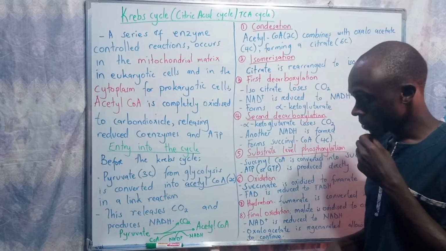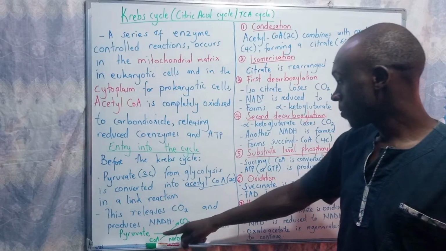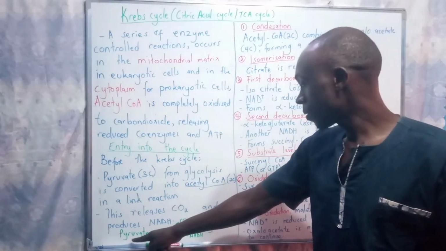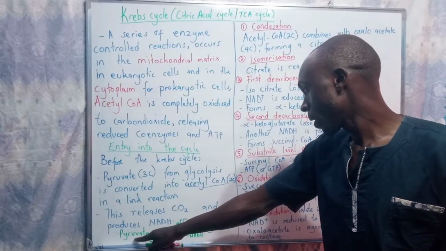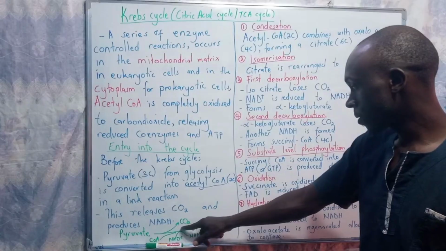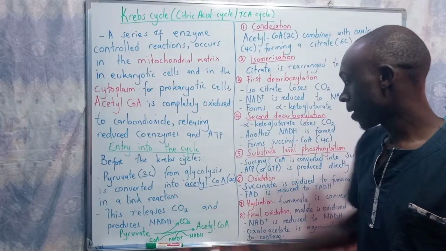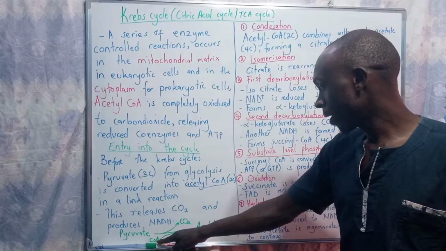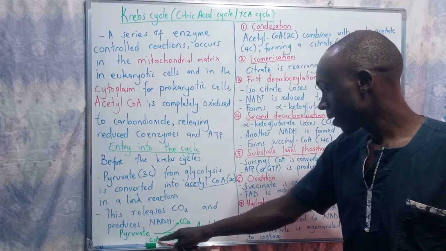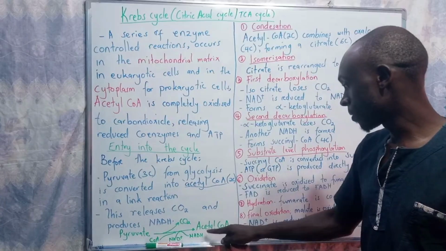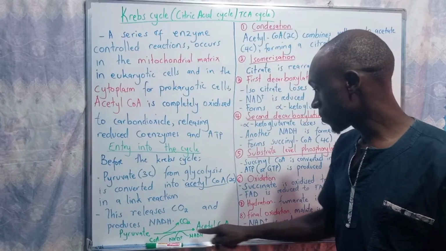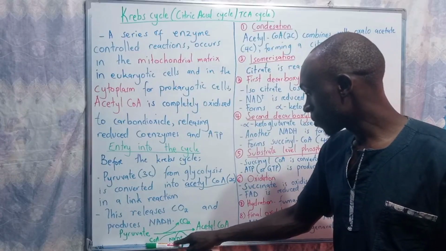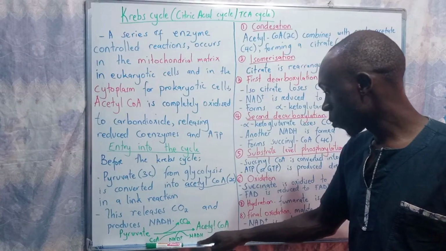So at this stage, the overall reaction for the transition stage is going to be shown like this. The pyruvate is decarboxylated to release carbon dioxide at that stage. We're going to be having coenzyme A coming from the cell, combines with the acetyl group, form acetyl coenzyme A. But before the acetyl coenzyme A is formed, the NAD, which is oxidized, is reduced to NADH.